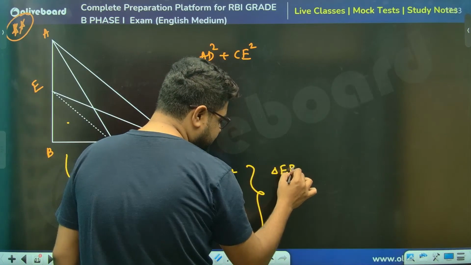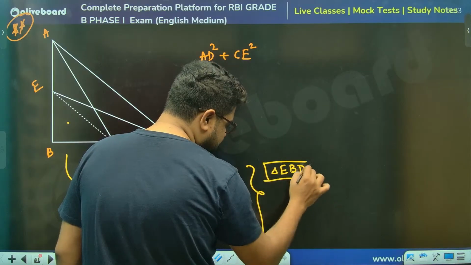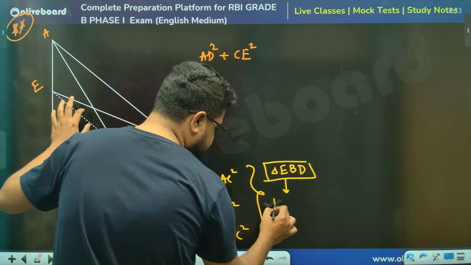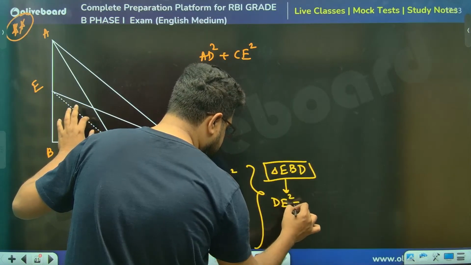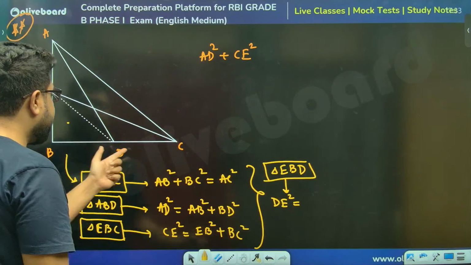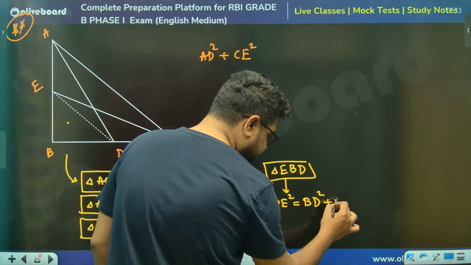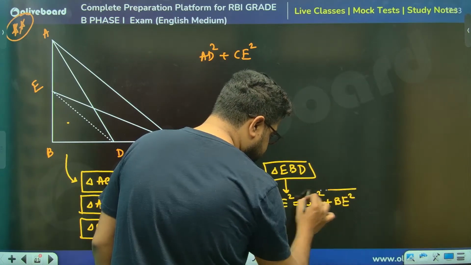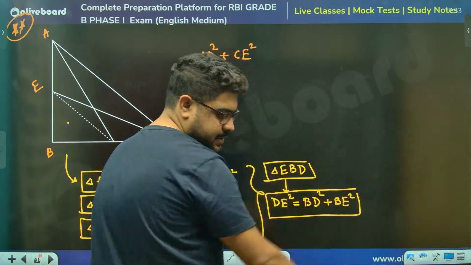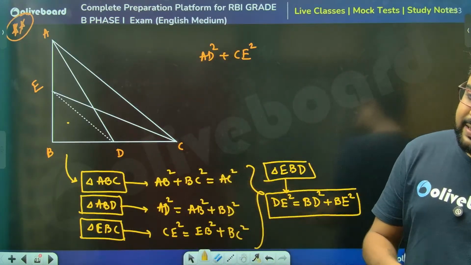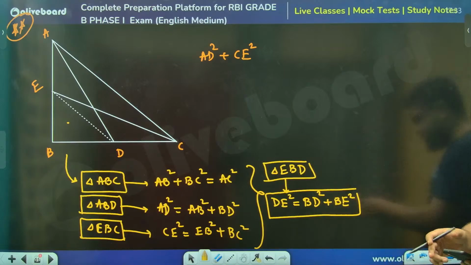Let's write it down too. We will not leave anything. So DE square I can write as equal to BE square plus BD square. This much we all know. Correct? Let's start our solution, sir.